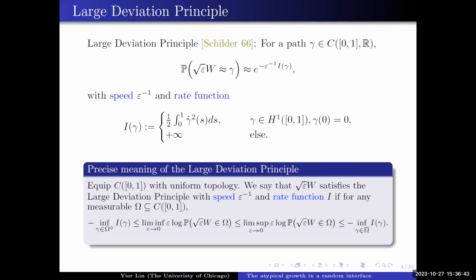When we measure in the sense of the large deviation principle, these not very smooth H1 functions are the correct paths to look at where the Brownian motion stays around. If you look at each realization, it's not true. But when you look at where the Brownian motion stays around, these are the functions you should look at.